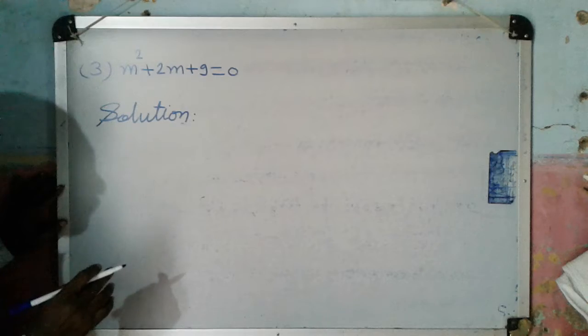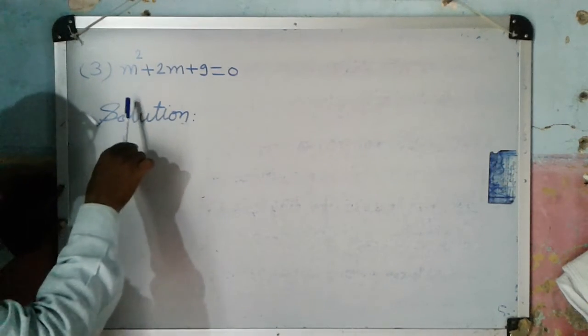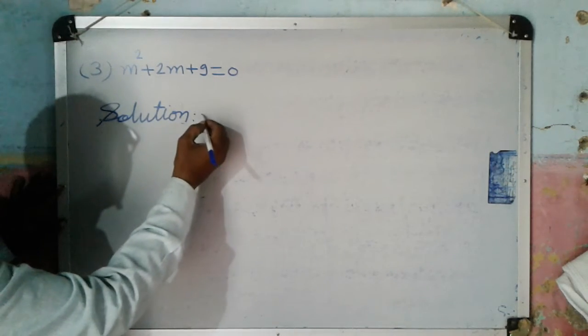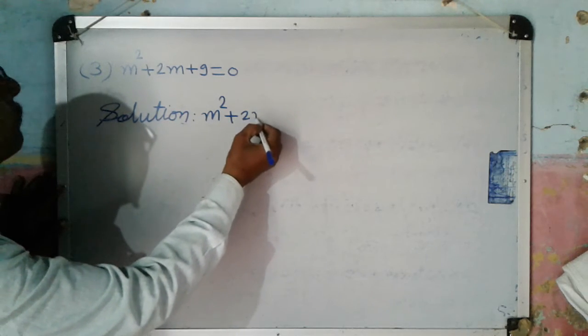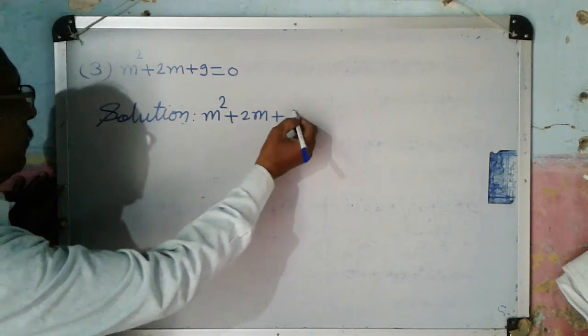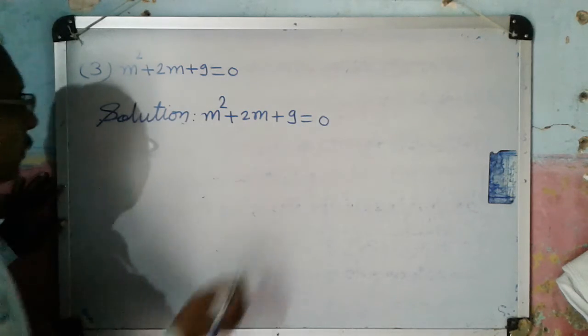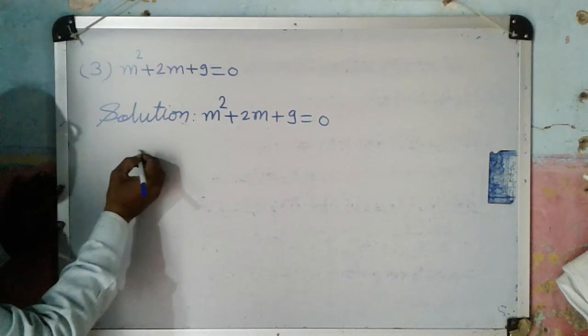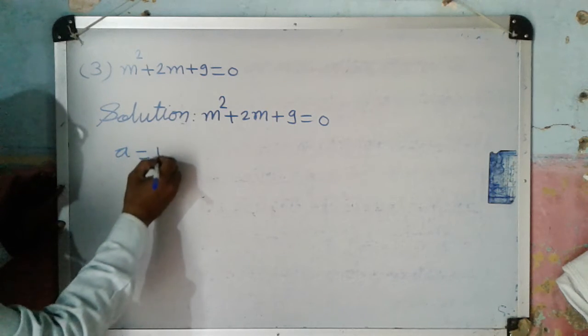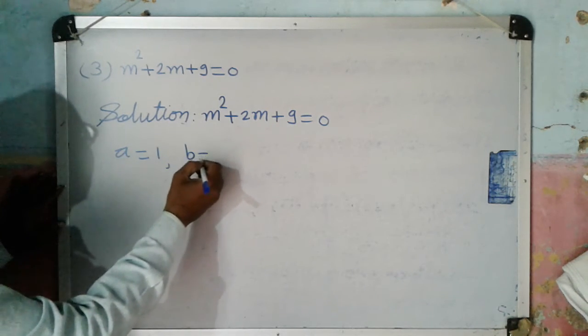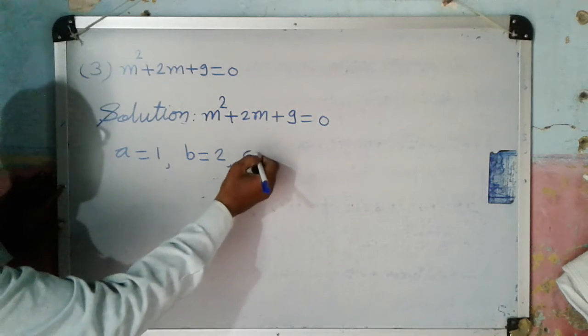Now example 3. The given quadratic equation is m square plus 2m plus 9 is equal to 0. From this equation we get a is equal to 1, b is equal to 2, c is equal to 9.